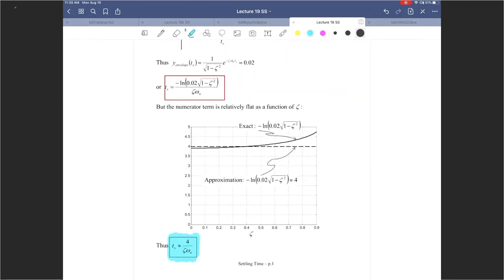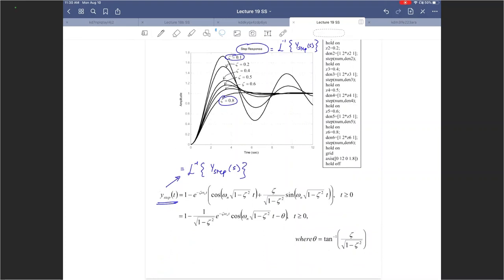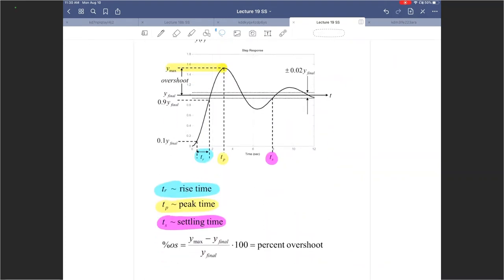You are not expected to derive these things, but at least you should know where they are coming from, like how the derivation steps are being done, and more importantly, how these parameters, 4 of them, right? If I go back, there are 4 parameters: rise time, peak time, settling time, and percentage overshoot, which play a role in the response of this system.